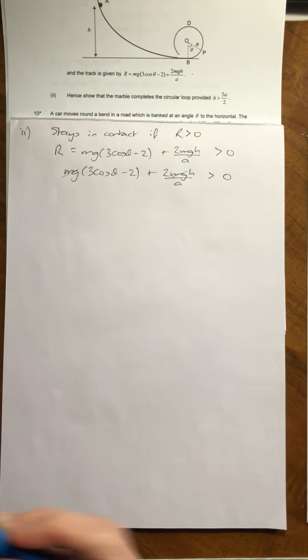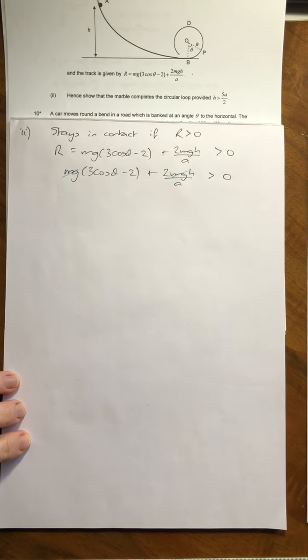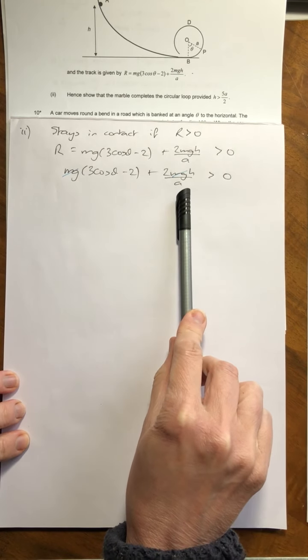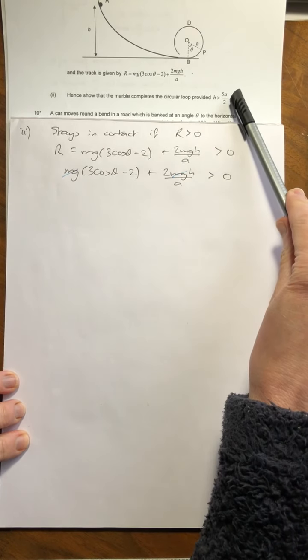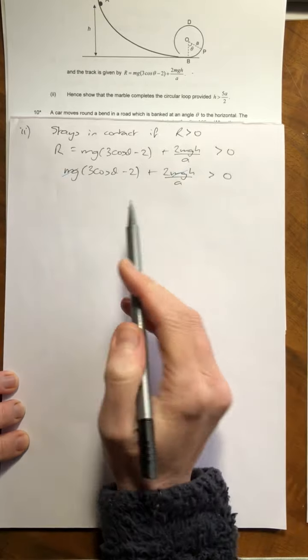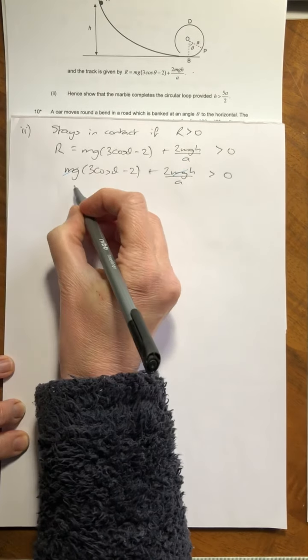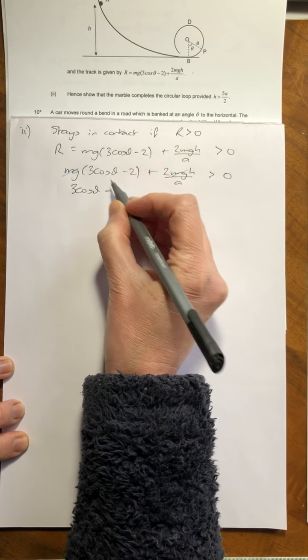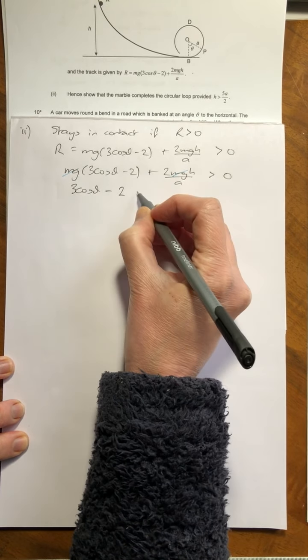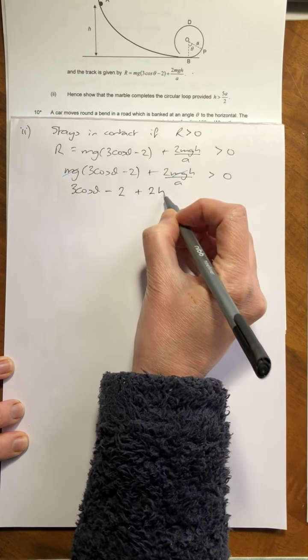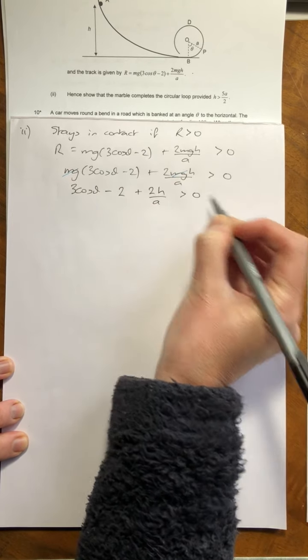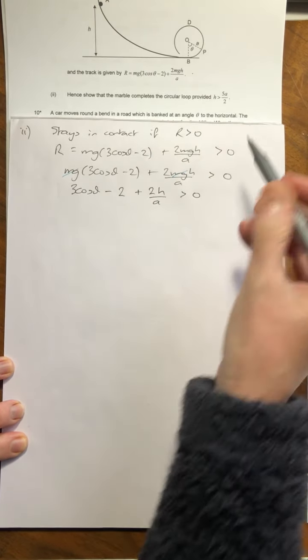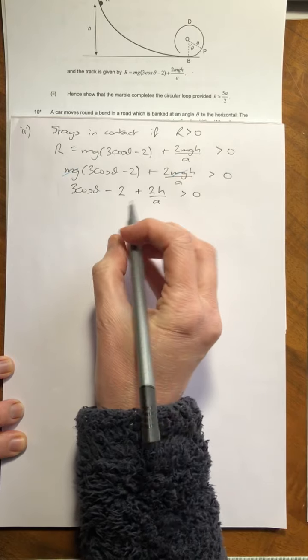So now the only things we've got are an a there, and there's an a left there, but we've still got a cos theta. But if we consider this without the bracket, we'll have 3 cos theta minus 2 plus 2h over a is greater than 0. Let's make h the subject because that's what we're aiming for.